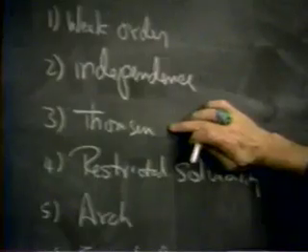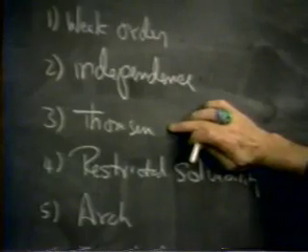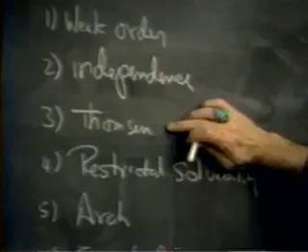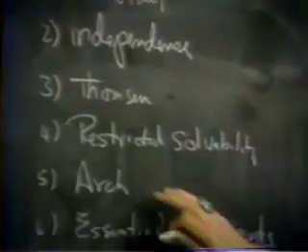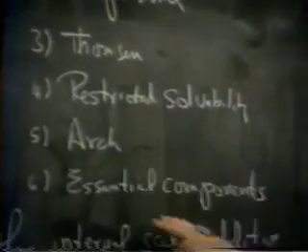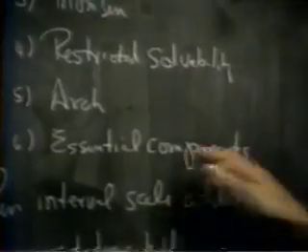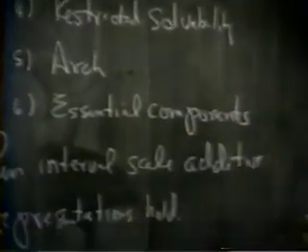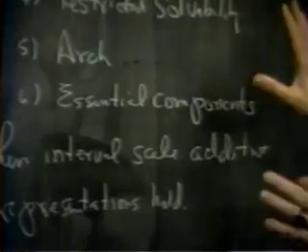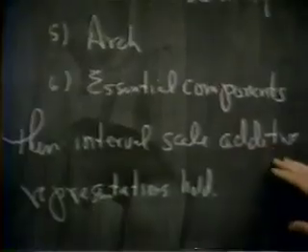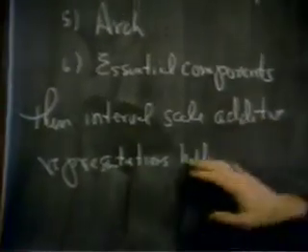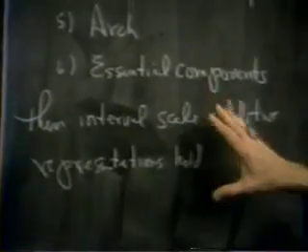That is, double cancellation holding only for the indifference relation. We have restricted solvability. The Archimedean property is unchanged. We assume that each of the components is essential. We're avoiding trivialities. The conclusion is the same, that under those circumstances, an interval scale additive representation exists.